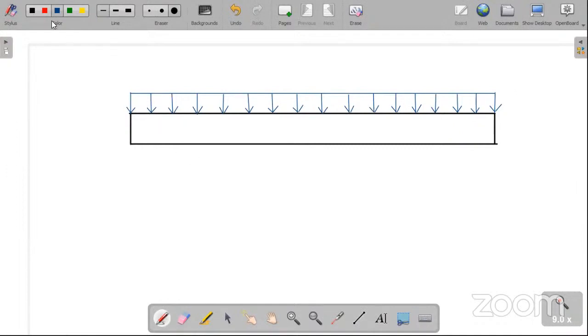So let's say the length of this beam is 10 meters.